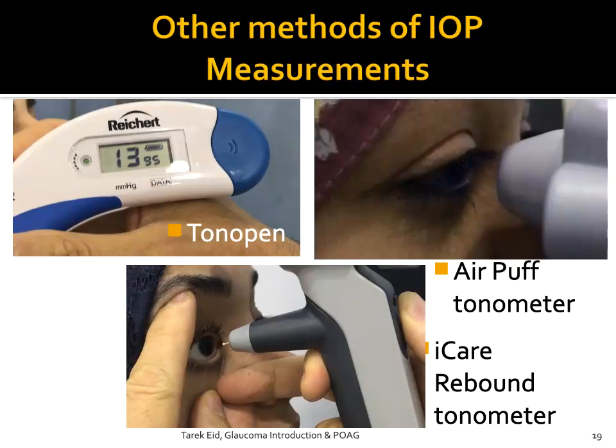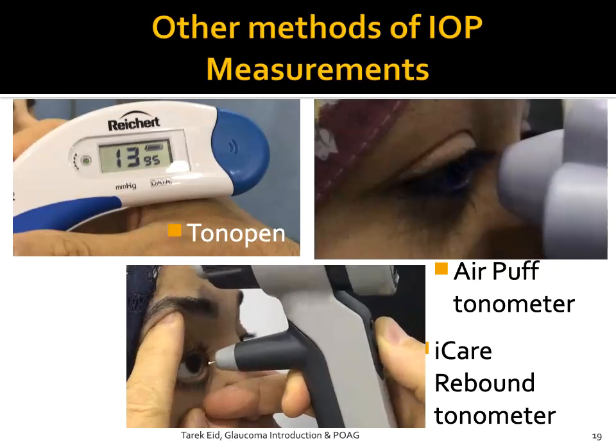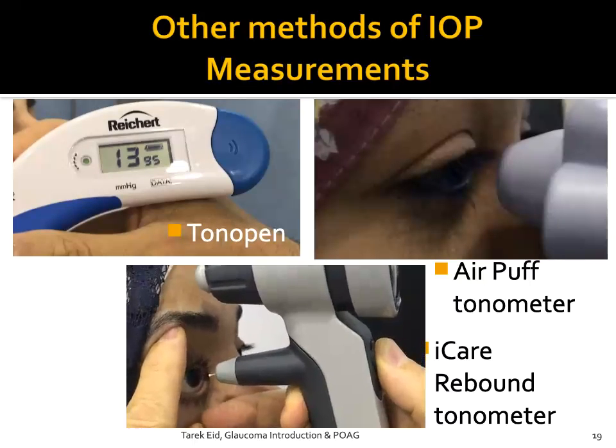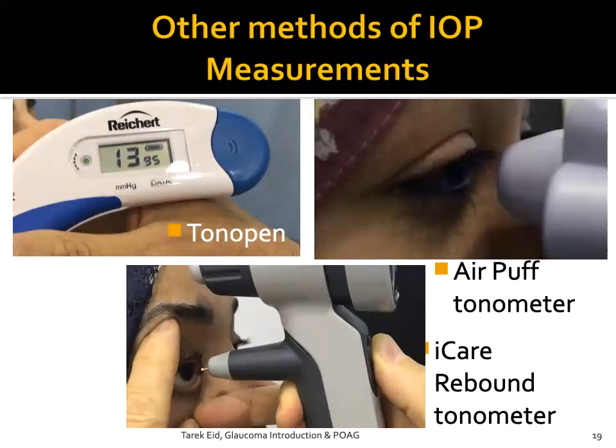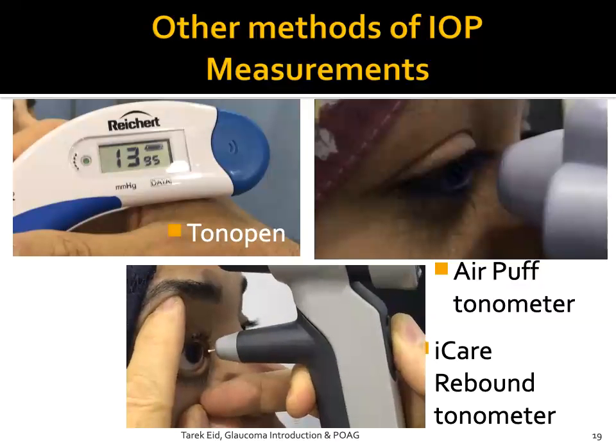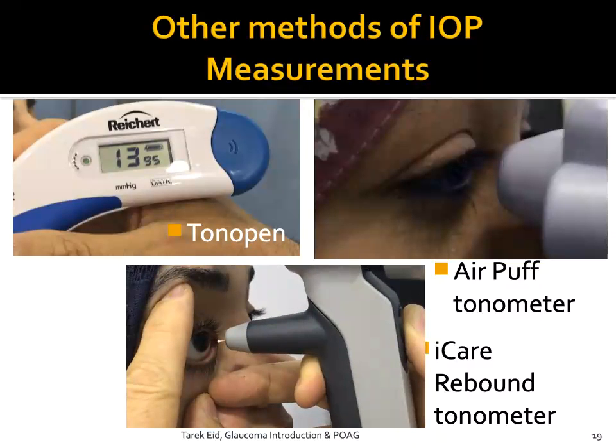As you see, an air jet is pushed or forced into the cornea to applanate, and when it comes back, it is received by a sensor to check the pressure. Another machine also is the iCare rebound tonometer. Like this, a very rapid movement touches the cornea, and the rebound force is received and checks the pressure.